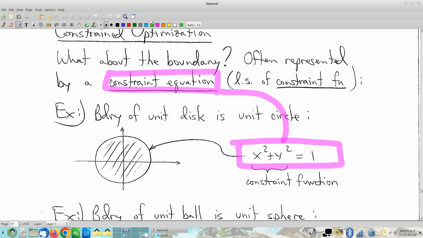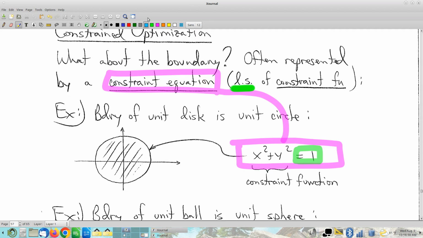Now, very importantly, the way this method is going to work, we need this equation written in a certain form. We need this equation to be written as a level set. So you'll notice in this case it already is. I don't even have to fiddle with it. I don't even have to move terms around or anything. That was lucky. Sometimes you might have to move terms around, but we need it to be written as a level set. In other words, as stuff equals constant.